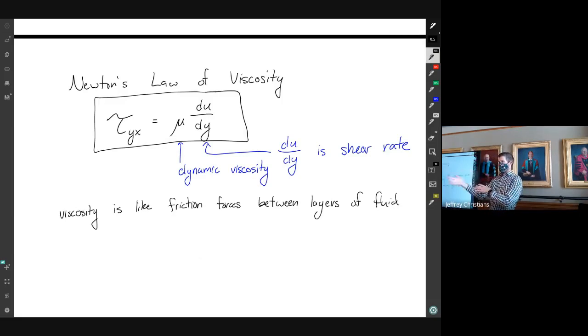The reason that honey has a large viscosity and water has a smaller viscosity is because the honey molecules are long and dangly and they get tangled up in between each other, and that causes a friction force because you try to move them and they're kind of stuck together. So that is physically what viscosity is. It's the layers of fluid that are trying to slip past each other, getting stuck and tangled up with each other and resisting that motion, resisting being sheared apart. So that's where viscosity comes from. It's these friction forces between the layers of fluid sliding across one another.